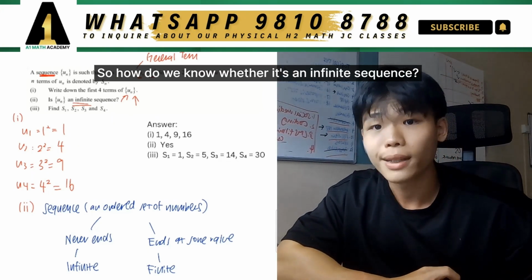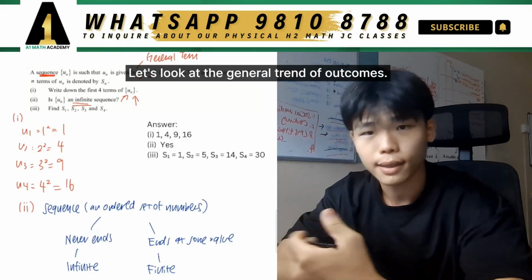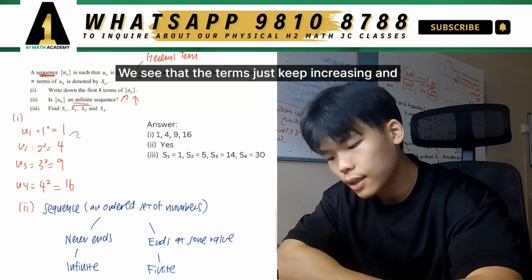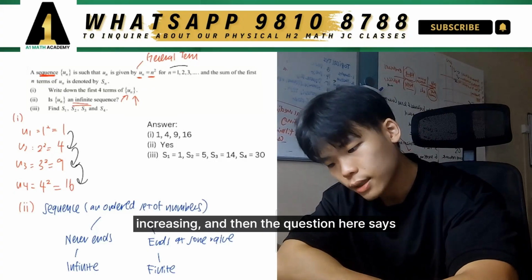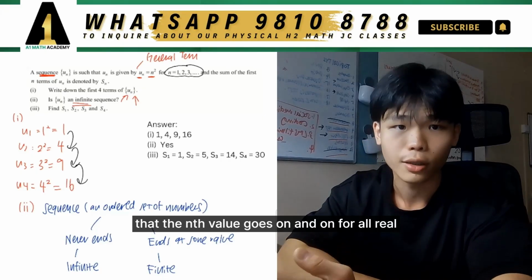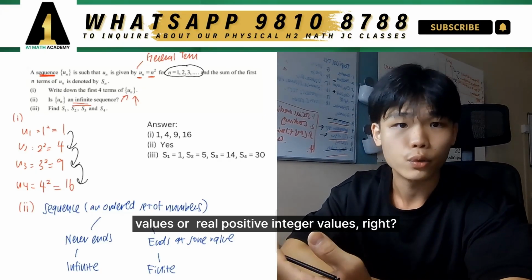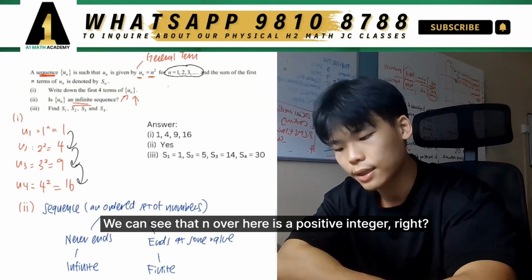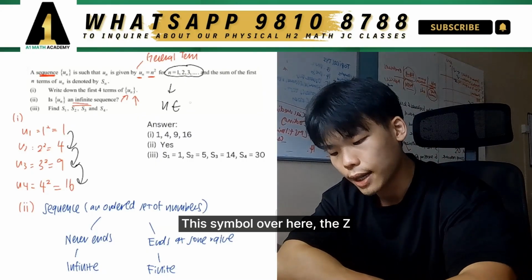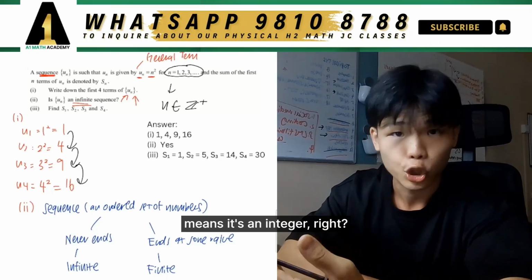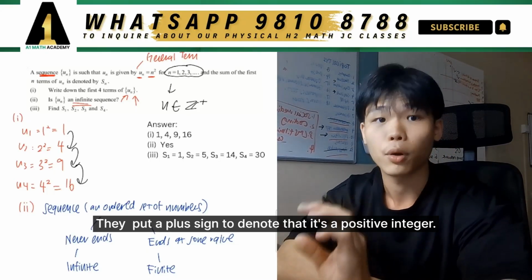So how do we know whether it's an infinite sequence? Let's look at the general trend of our terms. We see that the terms just keep increasing and increasing. The question says that the n value goes on and on for all positive integer values. You can see that n over here is a positive integer. This symbol, the Z, means it's an integer, and we put a plus sign to denote that it's a positive integer.